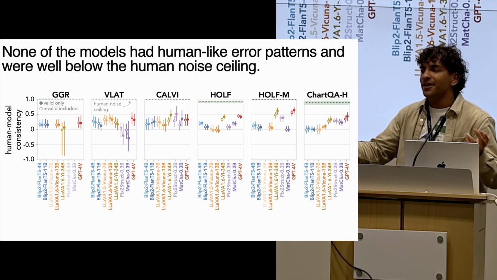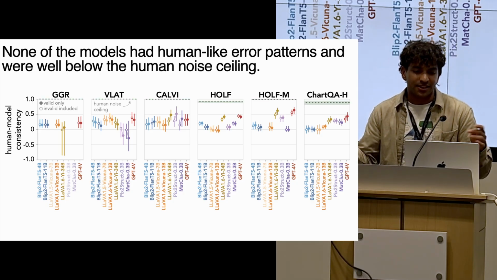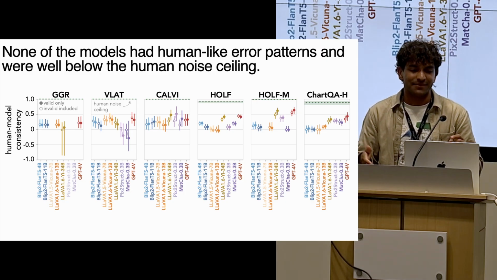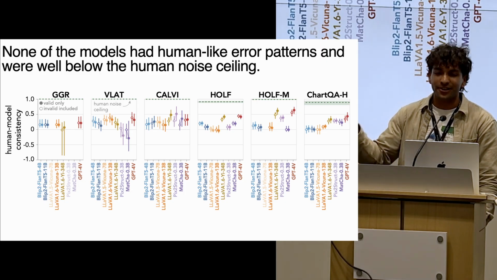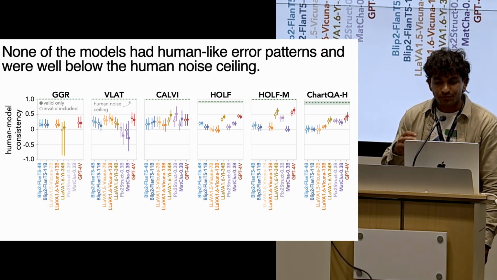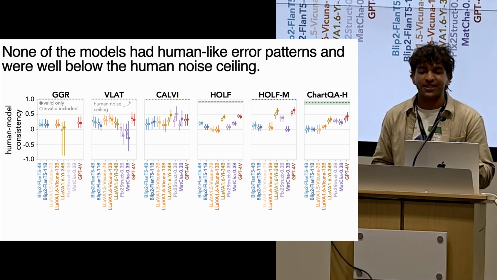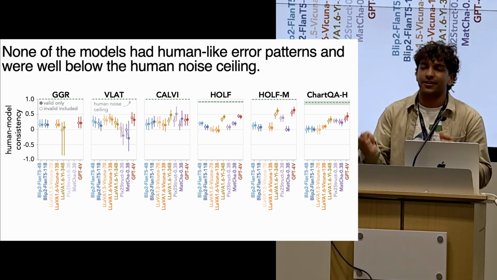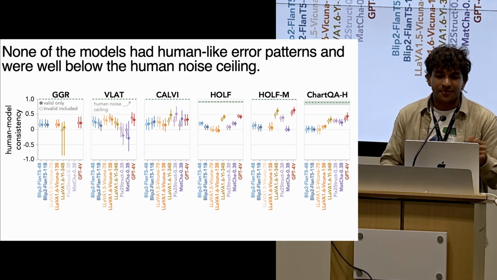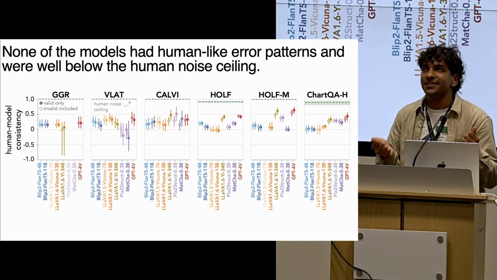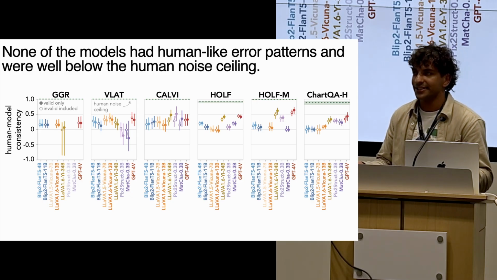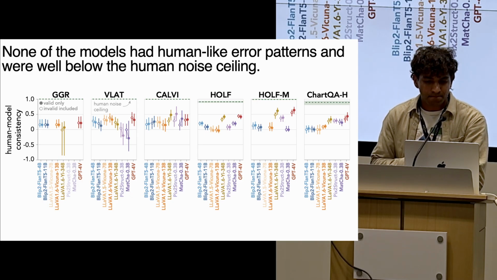But they were nowhere near as aligned with humans as humans were amongst themselves. So here, the human noise ceiling shows how different groups of human participants are correlated with one another. So we can really see that these models actually don't produce human-like error patterns just yet.